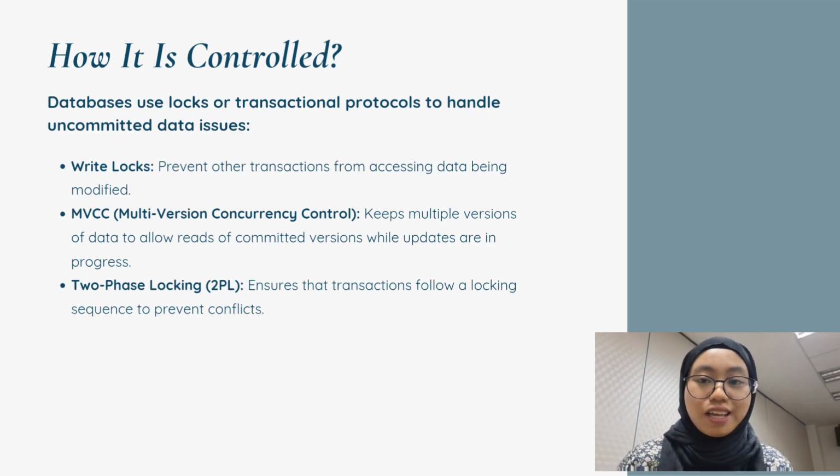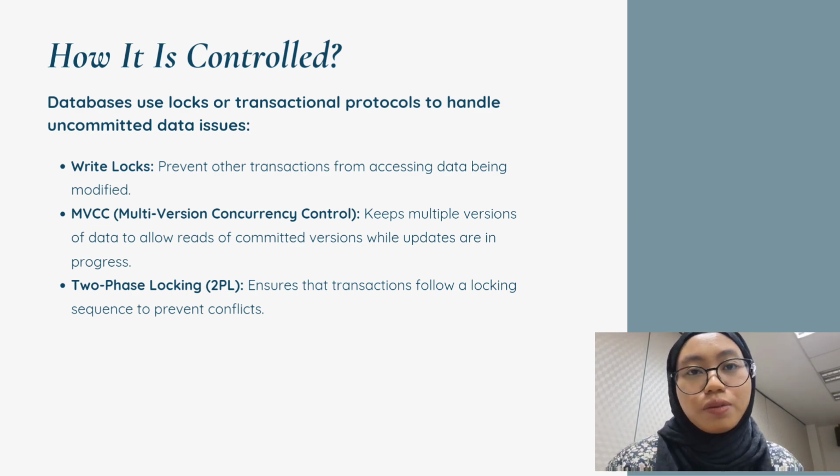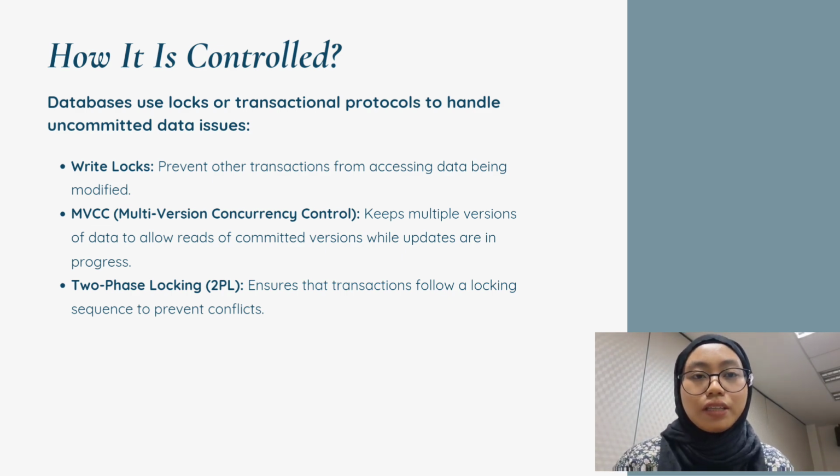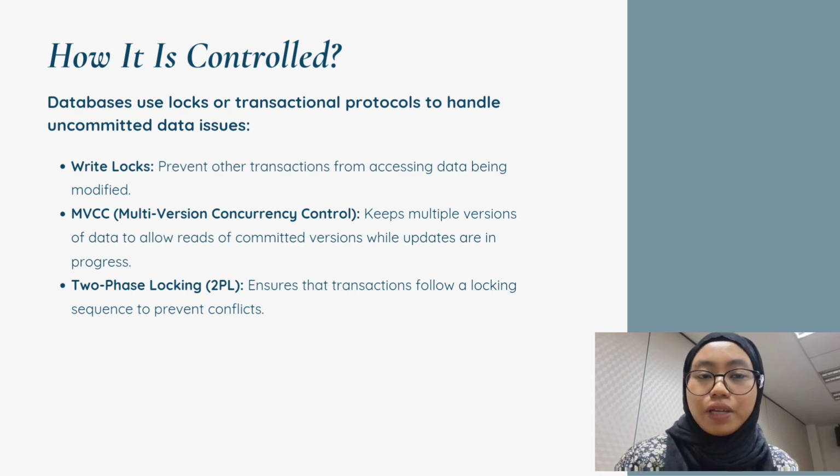So the question is how uncommitted data is controlled. Databases use logs or transactional protocols to handle uncommitted data issues. For example, using write logs, it can prevent other transactions from accessing data being modified.